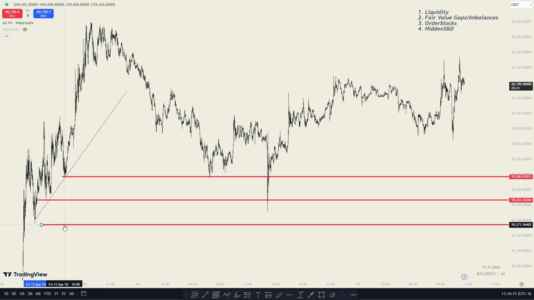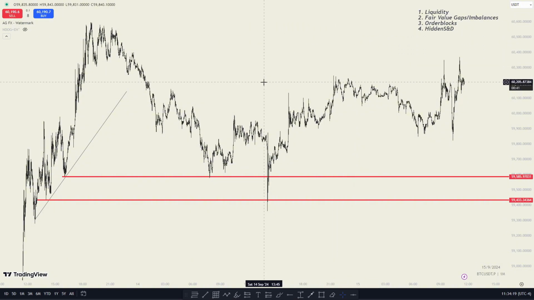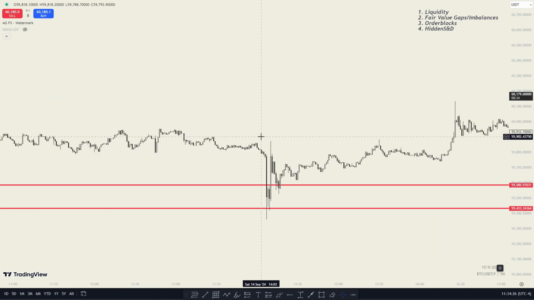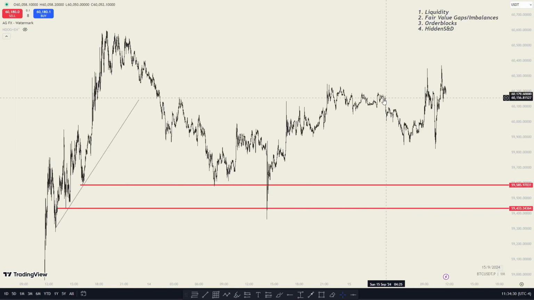This low didn't get run, but there are 3 very obvious lows, and they got run. So smart money can enter long here. As you can see, this was a very violent move to the downside to activate all stops, and then price kept moving higher.